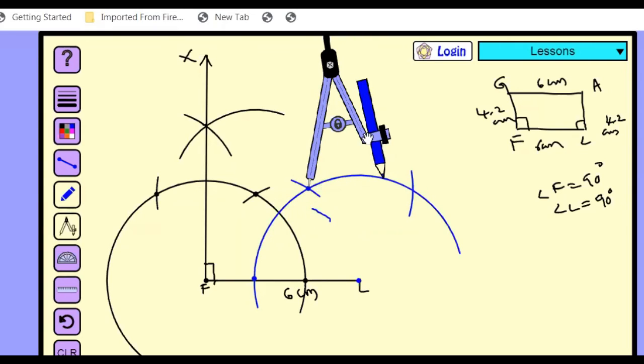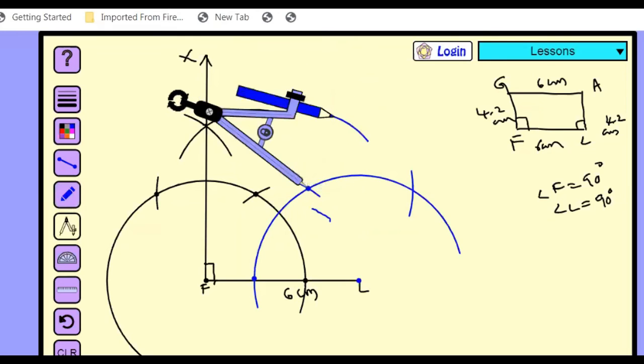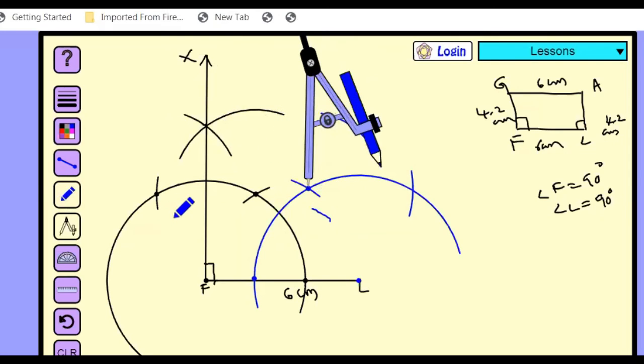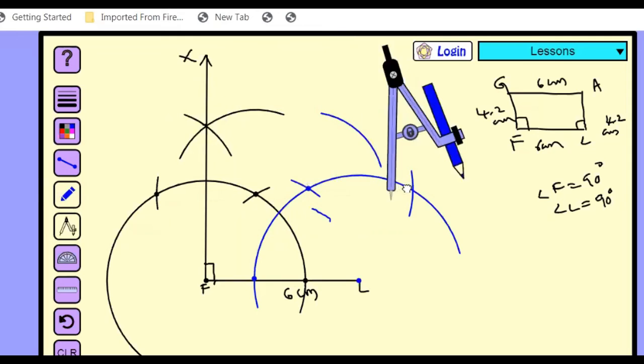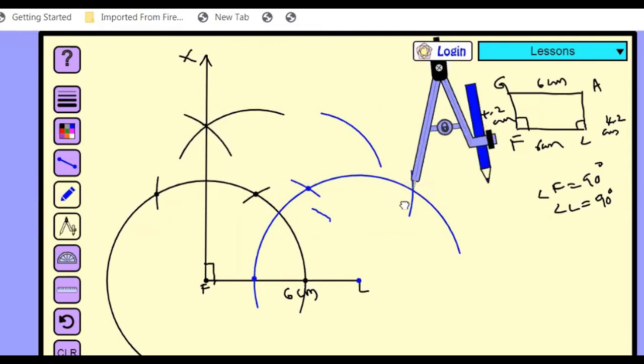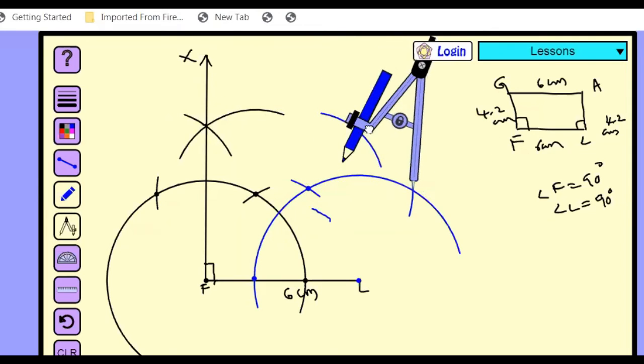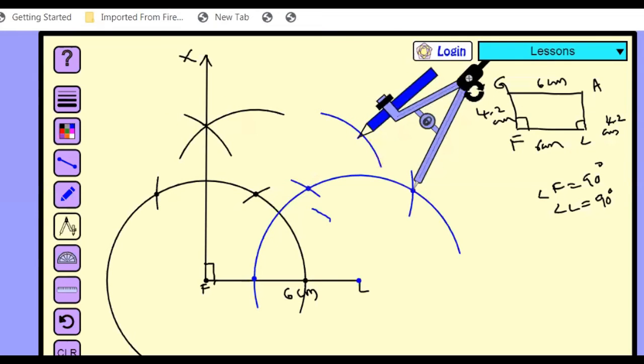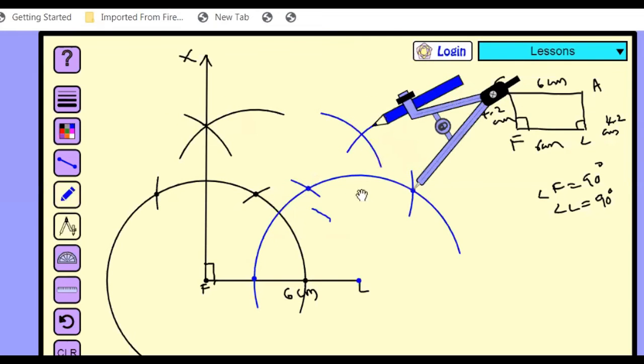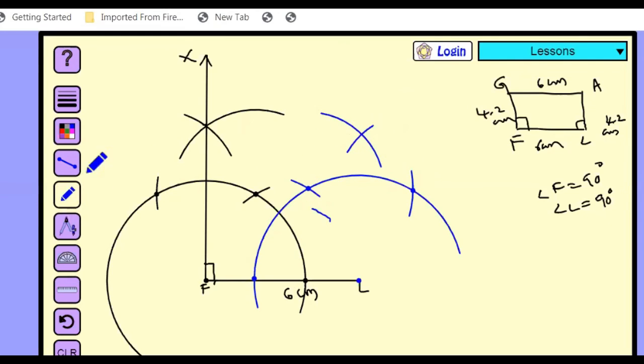Now with 60 as the center, draw an arc. Again, now with 120 as the center, cut the previous arc at the point of 90 degrees. Now this point indicates the 90 degrees.